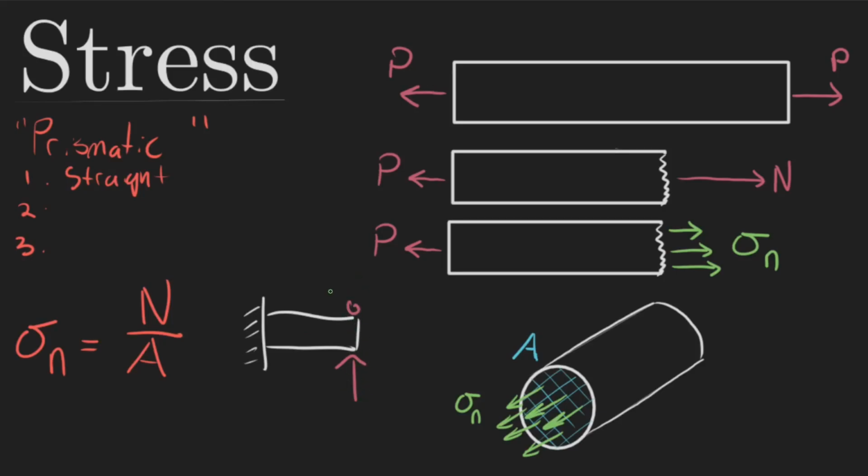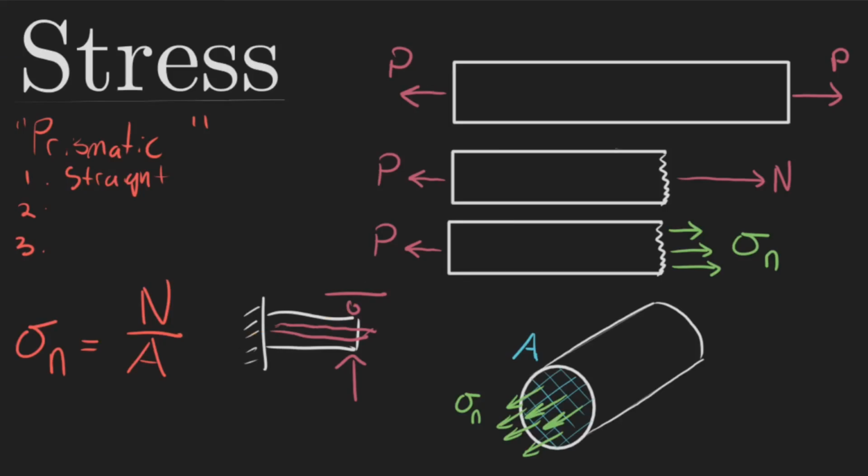If I had a support here, then we would be able to say that there's a compressive normal stress in this area, in this slice, the area you would get from slicing it right here. But if there wasn't a support there, it would bend upwards like this. It wouldn't have that normal stress.